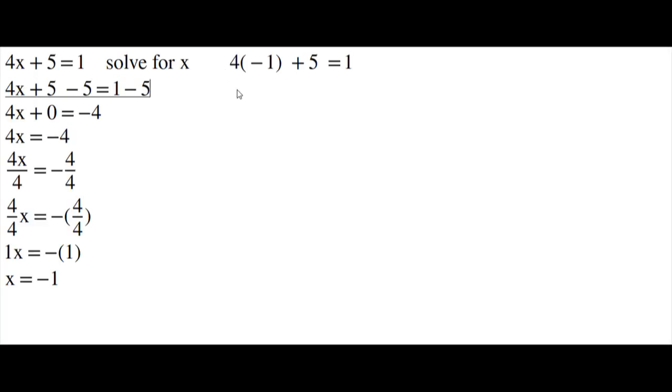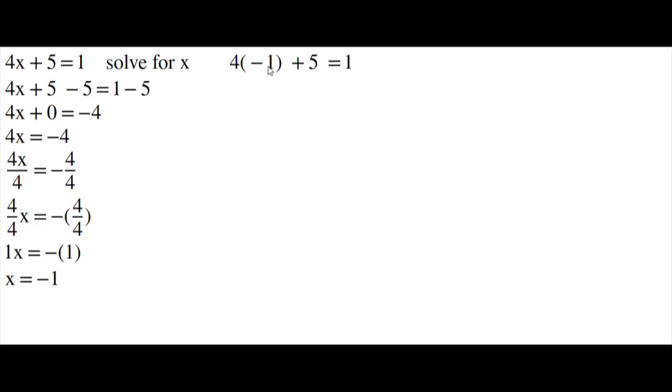Okay, now let me go ahead here. Okay, so 4 times -1. You know already that any positive number times a negative number equals a negative number.